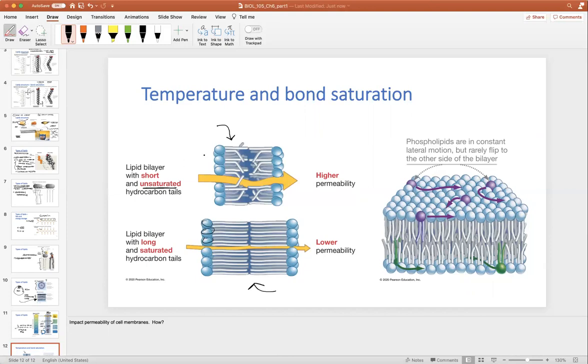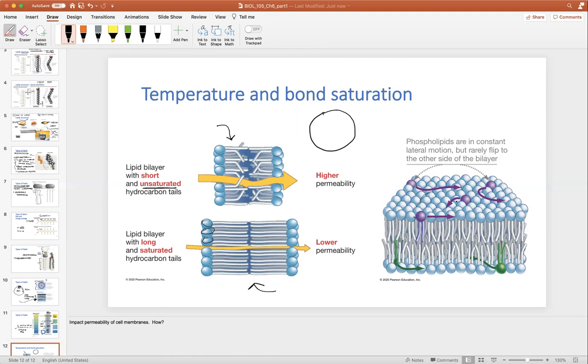But the thing that you need to know about cell membranes is that in general, you need to think of them as oil bubbles, and that these individual lipid molecules are in constant motion on the surface. If you've ever blown a soap bubble, you can see that the bubble has swirls on it, where the bubble solution is actually swirling around on the surface of that bubble. That's a really good analogy for how a cell membrane works.